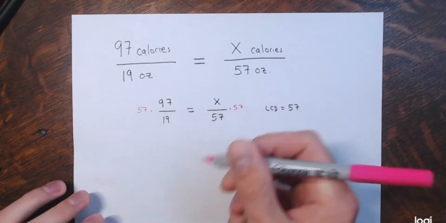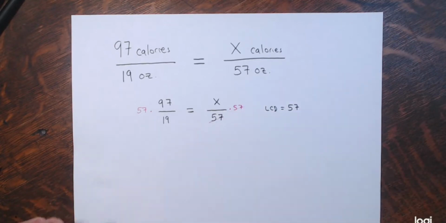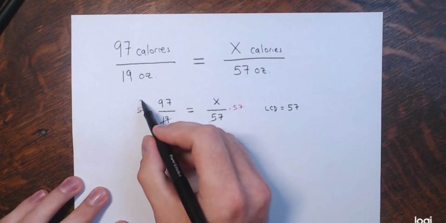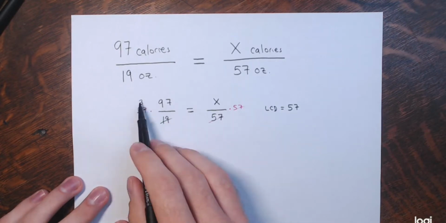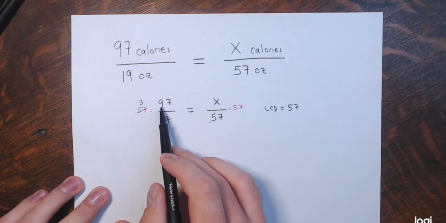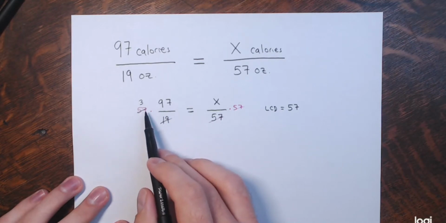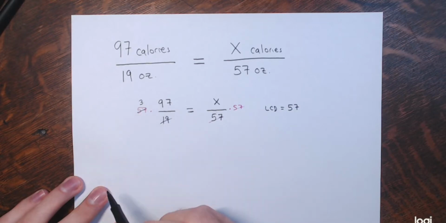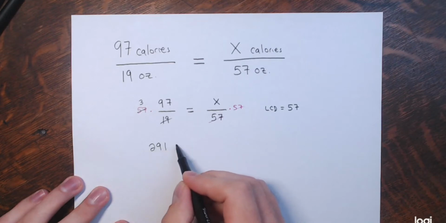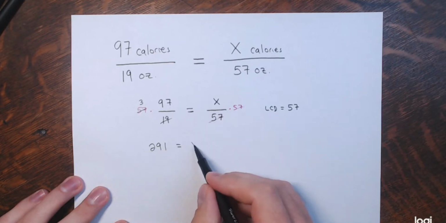That'll cancel these 57s over here, and 19 goes into 57 3 times, so I'm just left with 3 times 97 on the left. That'd be 300 minus 9, 291. And then on the right side, you just have x.